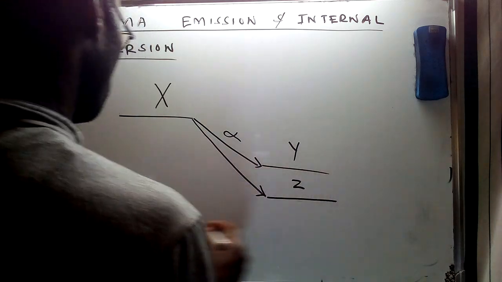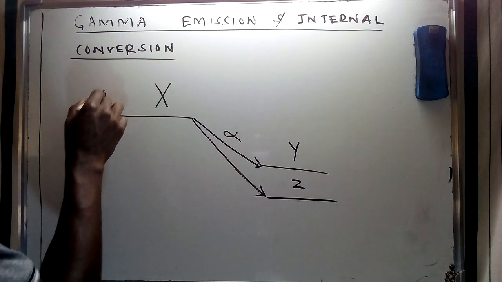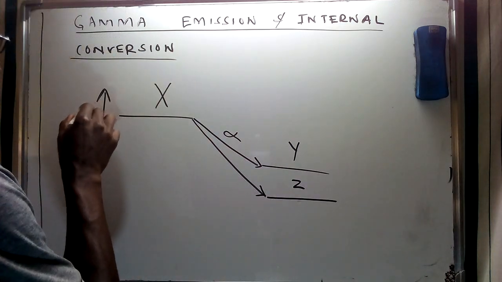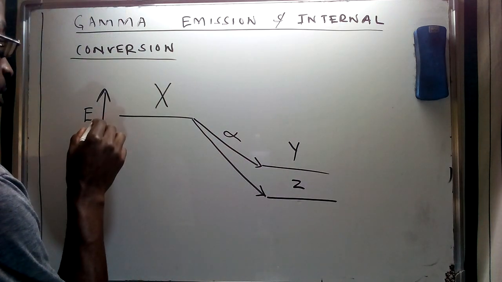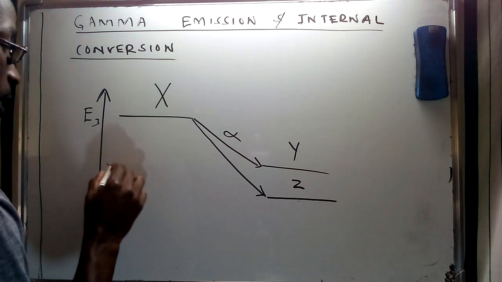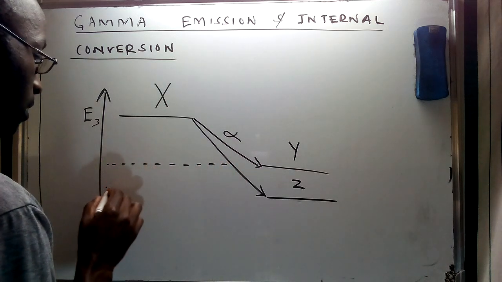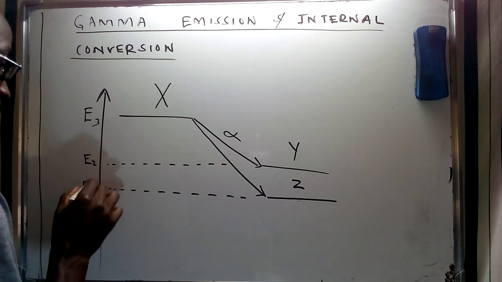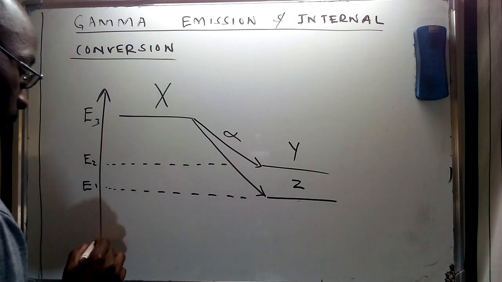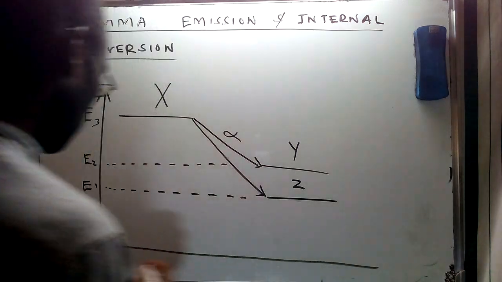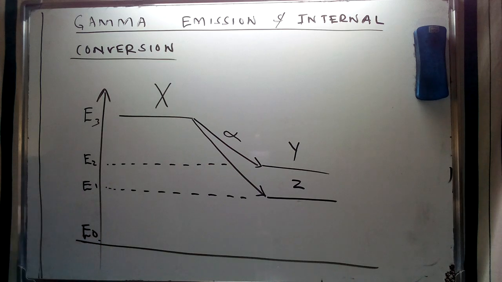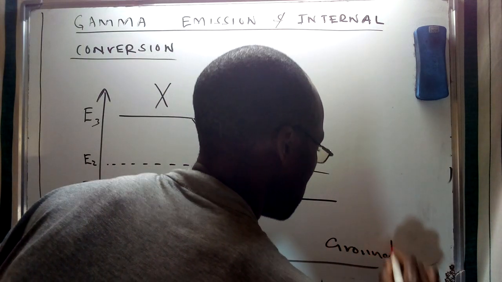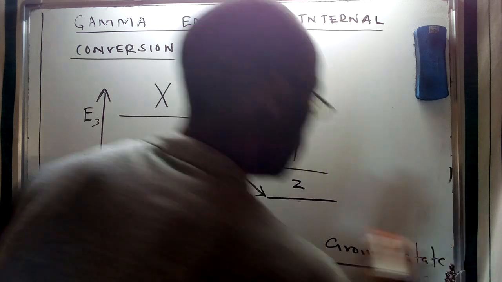If we compare this as a variable for energy, this specific point is going to be at a higher energy state, perhaps E3. We can compare the states E2 and E1 respectively, and allocate the last part at E0 to denote the ground state for this radioactive decaying isotope.